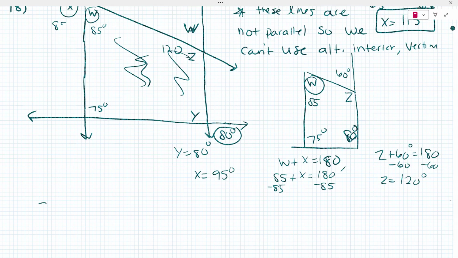So let's do that. 75 plus 80 plus 120 plus W is equal to 360. When you do the work, you get W equals 85. Oh, that's how I got that. Okay, that's how I got W. And then I could solve for X now. And that's how I got X is 95.